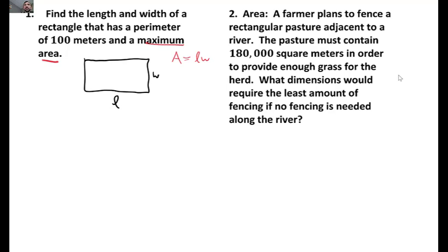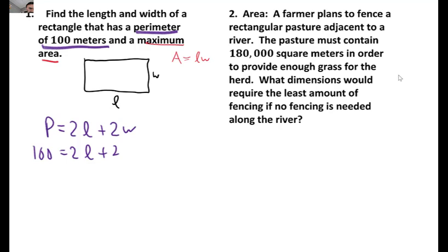L's and W's, there's 2 independent variables there. This other clue says that the perimeter is 100 meters. Well, perimeter, 2 lengths, 2 widths, and we've got 100 to go here. So this allows me to solve it for L or W.